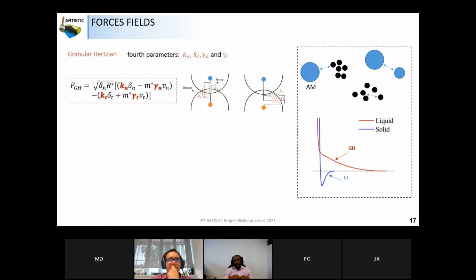If we want to have some kind of attraction between particles, because we know that if we have binder and carbon, we have some kind of agglomeration in the CBD particles, so we need some kind of attraction between the particles. For that, we choose to use the simple Ngandjong force field to simulate some kind of attraction between the particles.